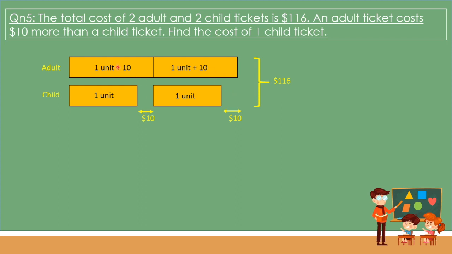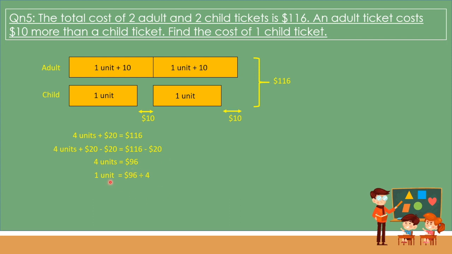So 1 unit plus 10 plus 1 unit plus 10 plus 1 unit plus 1 unit equals 116. So that would be 4 units, 1, 2, 3, 4, plus 10 plus 10, that is 20, equals $116. So you minus $20 on the left side and you minus $20 on the right side. It gives you 4 units plus $20 minus $20 is 4 units equals $116 minus $20 equals $96.